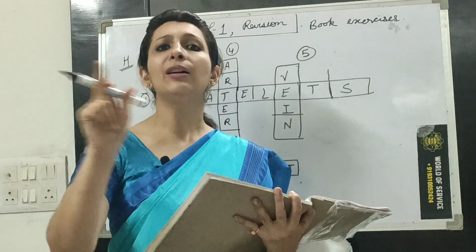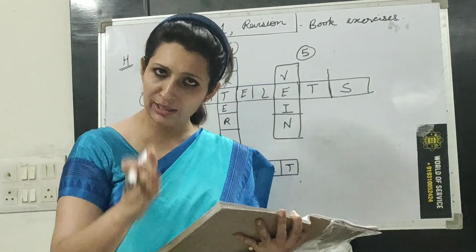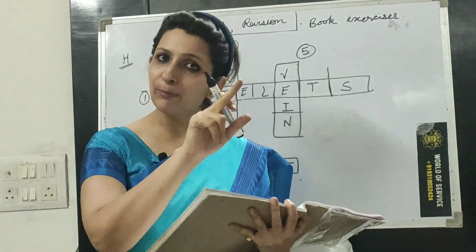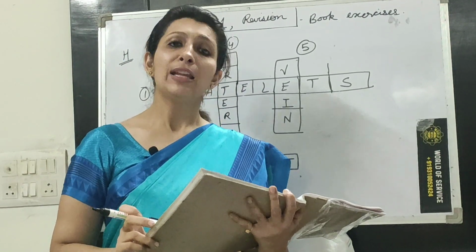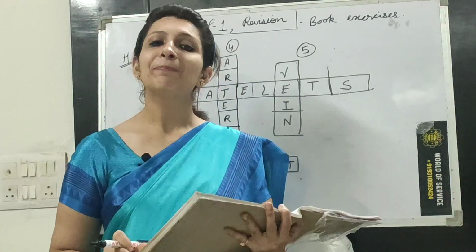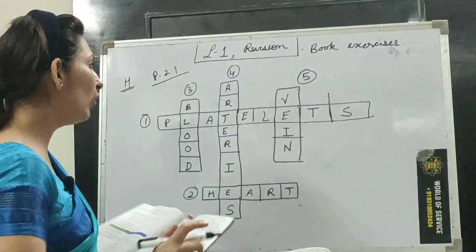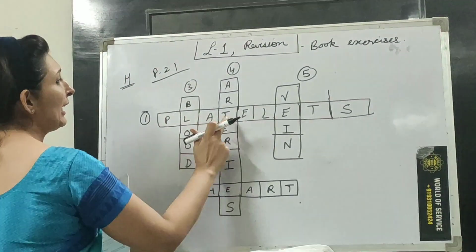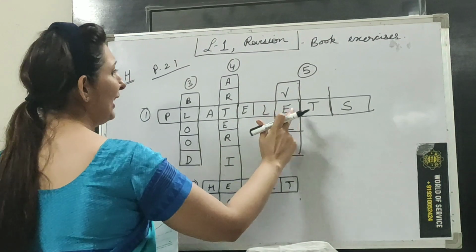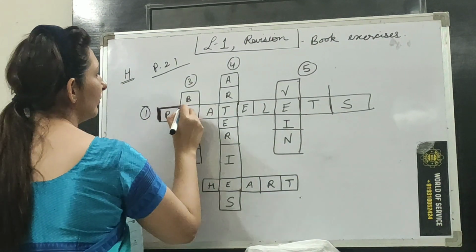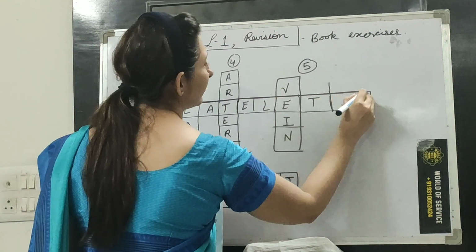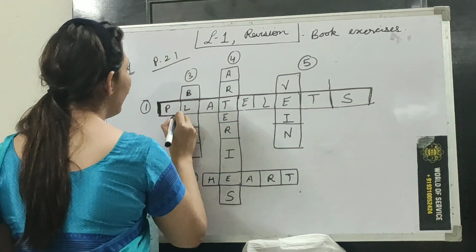Children, across is a sleeping line and down is a standing line. So first we will come to the across part. Blood cells which help in clotting. So the first one is platelets. Yes, children, now look at this. P-L-A-T-E-L-E-T-S. So this whole part is the first one.